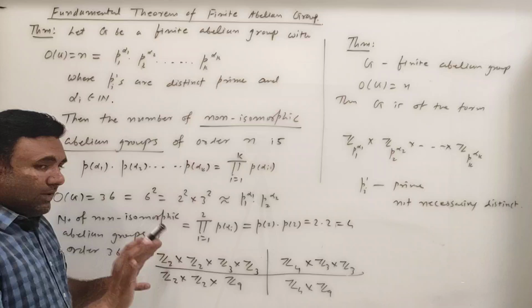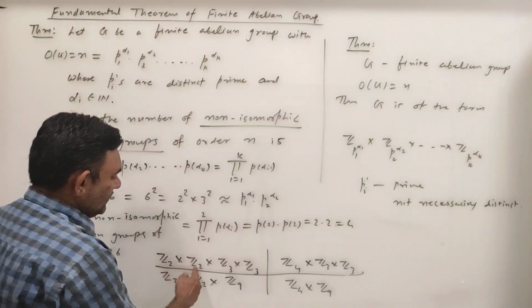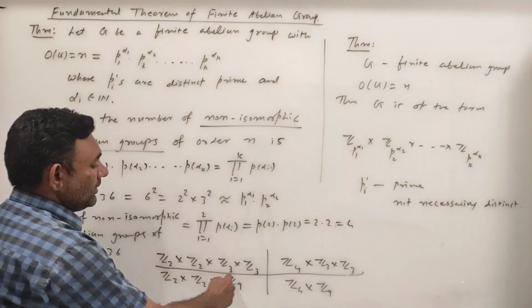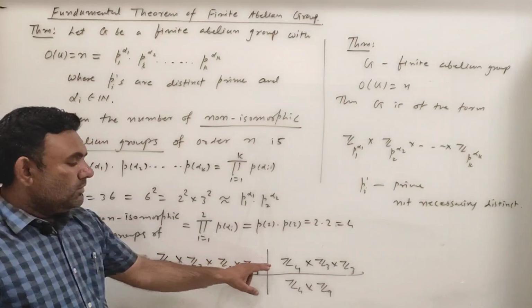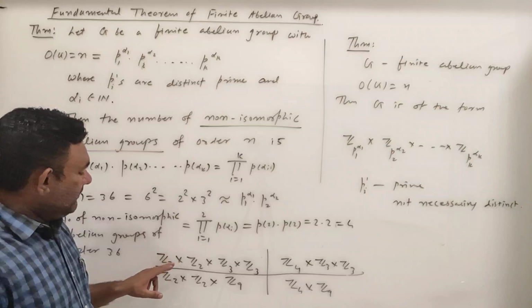Why? You can verify. In this group there is no element of order 9. इस ग्रुप में आपको 9 ऑर्डर का कोई एलिमेंट नहीं मिलेगा. Why?